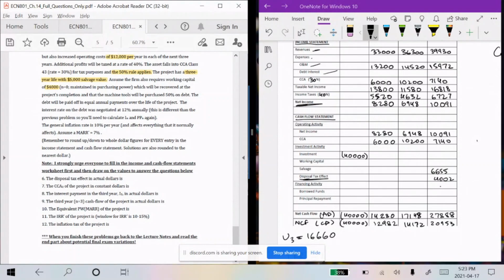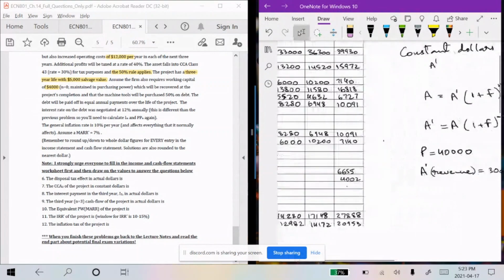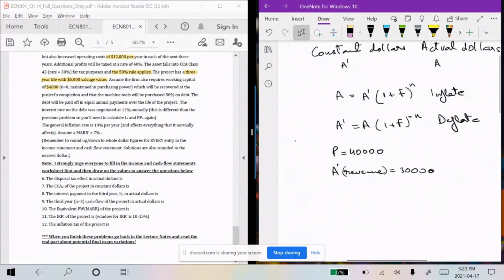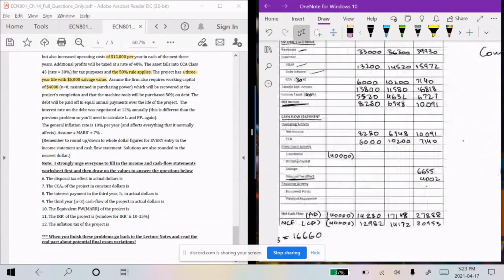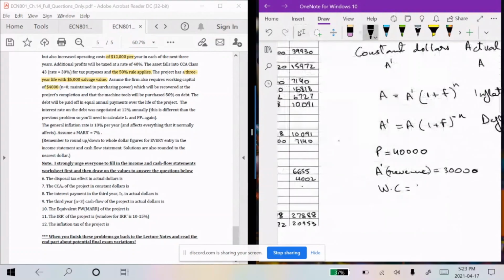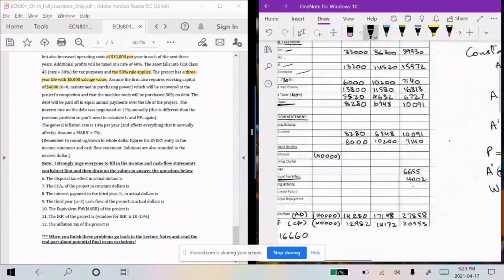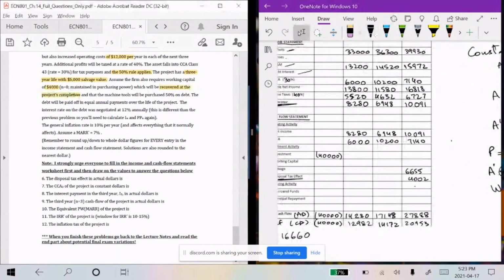But that working capital doesn't give you any return on interest. So you cannot put that in a bank and get interest on it. The working capital is $4,000, which will be recovered at the project's completion. So at the end of the project, you'll get those $4,000 back. It's a day-to-day expense.